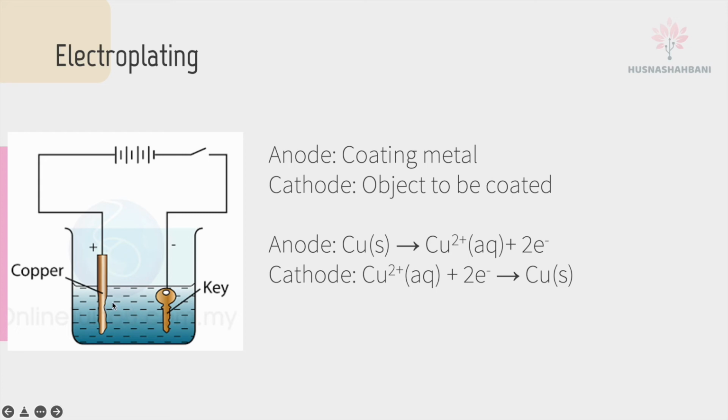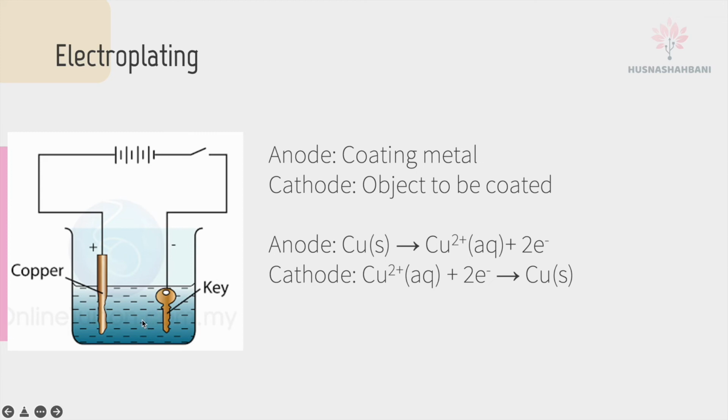In the solution, the Cu2+ product from the oxidation just now will be attracted to the cathode and will gain electrons there.